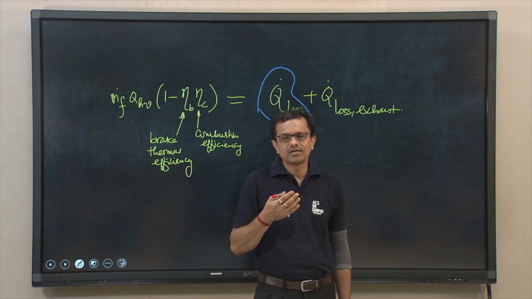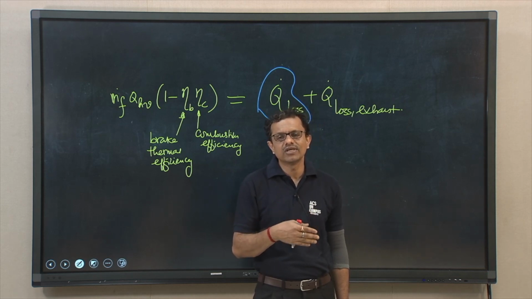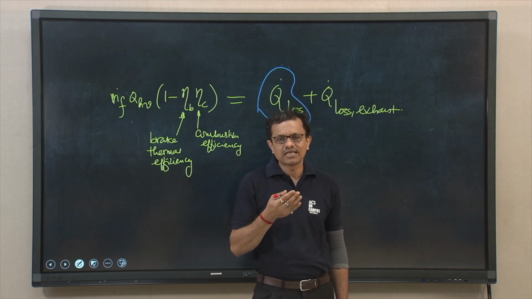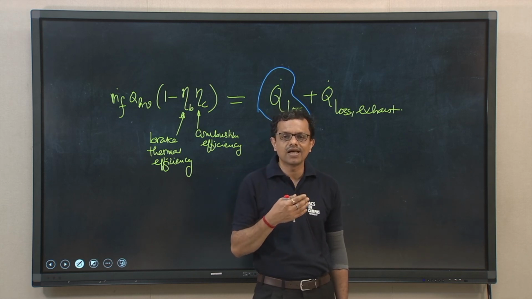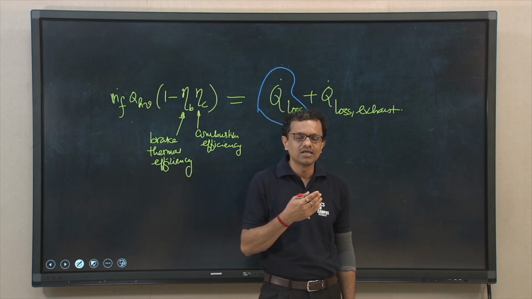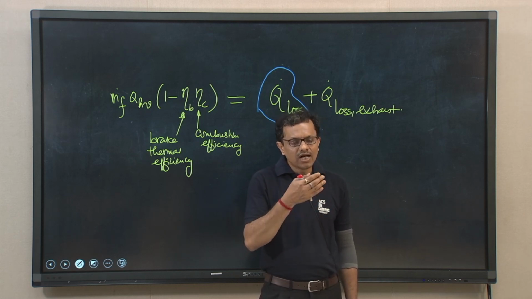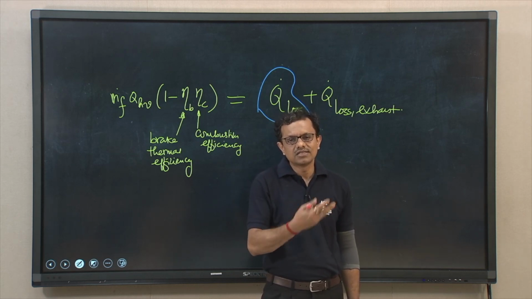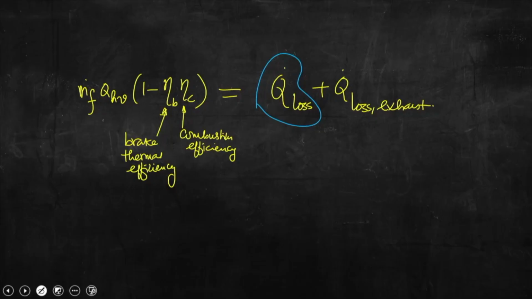That means, when combustion gases are leaving from the engine cylinder during exhaust stroke, those gases carry certain amount of energy in the form of enthalpy and also chemical energy, and those gases are also removing some energy from the combustion chamber, right. But this is q dot loss, that part is significant.